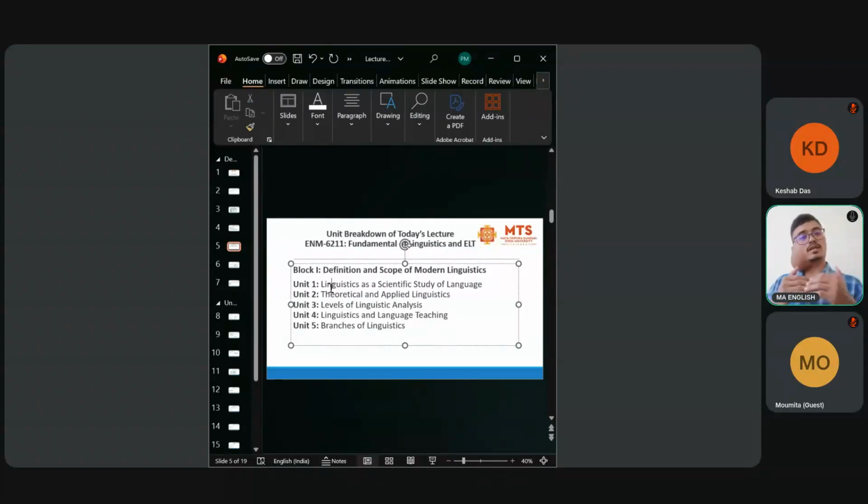So we shall first discuss what exactly is meant by scientific study here. And in unit 2, we shall discuss theoretical and applied linguistics. And then unit 3, we shall discuss levels of linguistic analysis. And in unit 4, we shall discuss linguistics and language teaching. And finally, we shall discuss branches of linguistics.